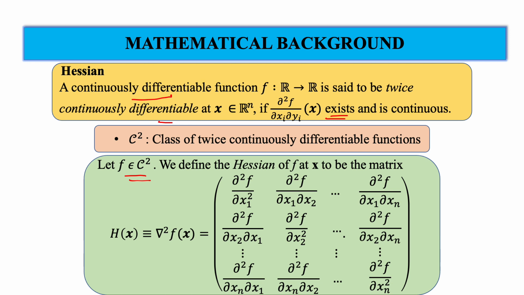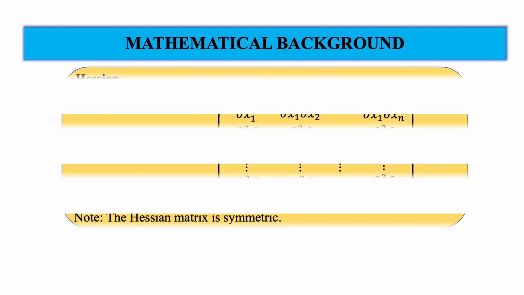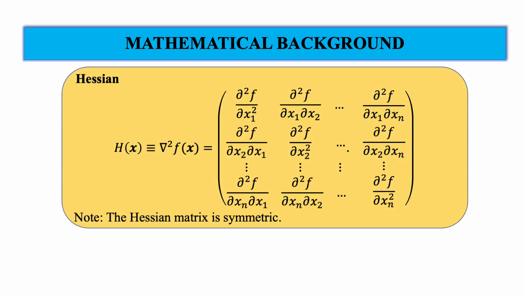Then we define the Hessian of f at x as a matrix containing all the second partial derivatives. You will see that this is an n by n matrix, and also a symmetric matrix. This is an important thing. That is why we studied some properties of symmetric matrices when we revised linear algebra background.